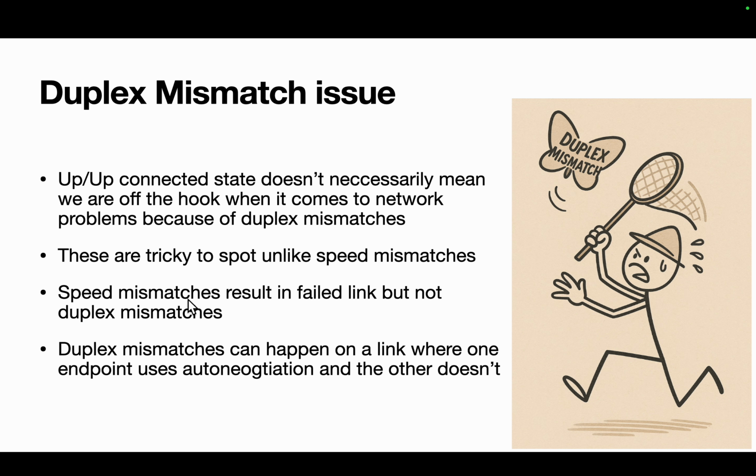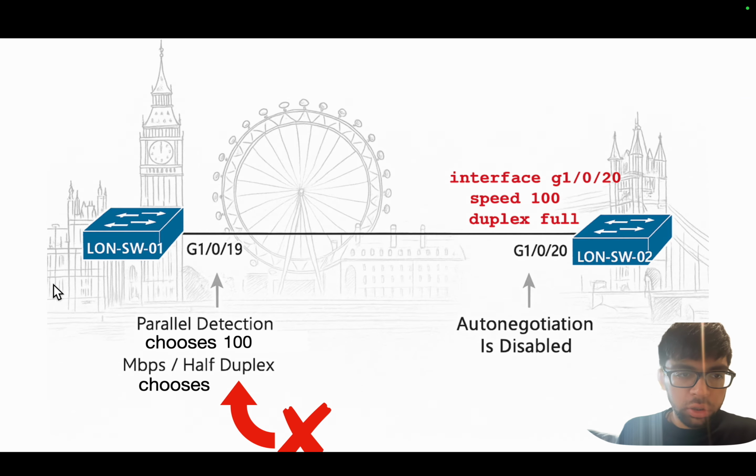So speed mismatches result in failed links, but not duplex mismatches. Duplex mismatches can happen on a link where an endpoint is using auto negotiation and the other isn't. Like in this example, you've got London switch 001 here, and London switch 02 here.